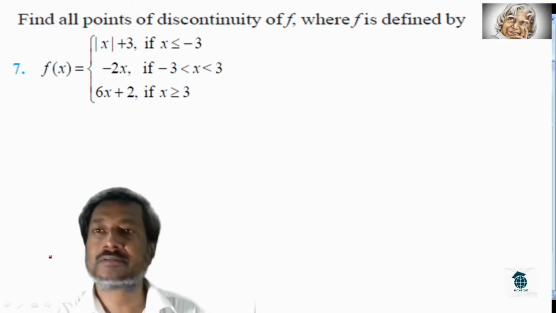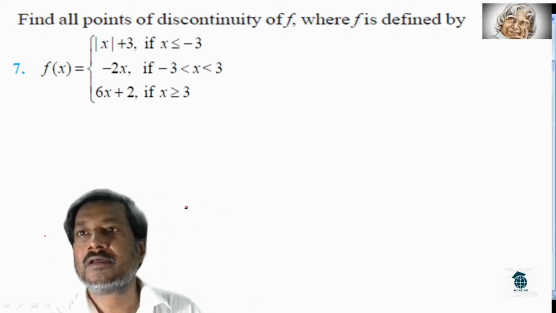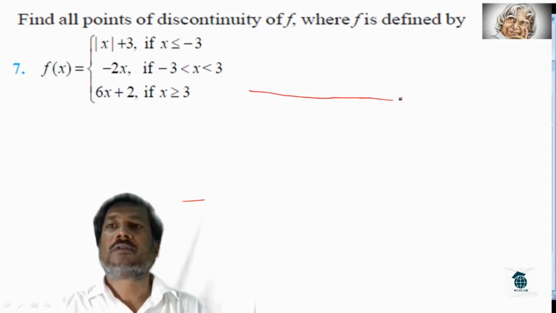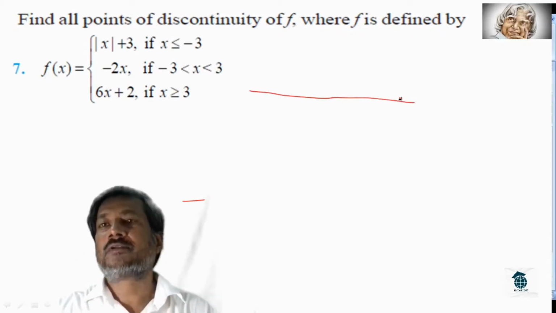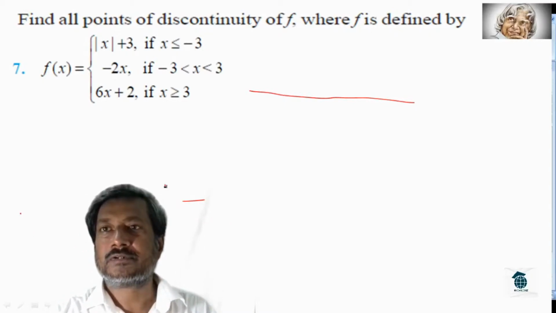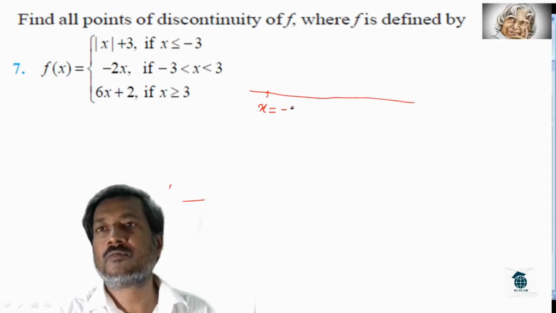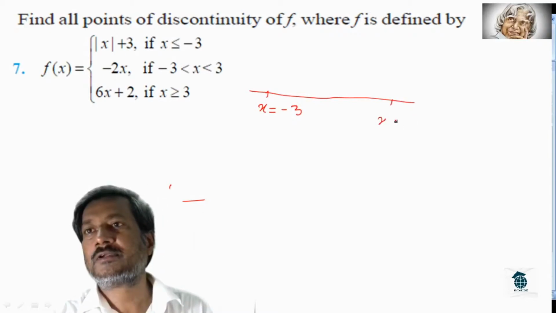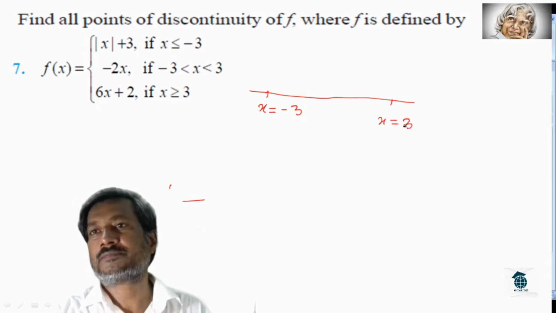So now let us consider a rough sketch, an approximate drawing of this. Consider the points: this is x equal to minus 3 and this one is x equal to plus 3.